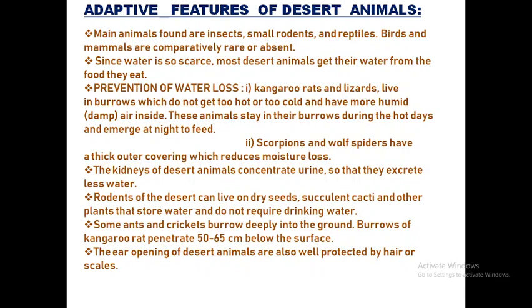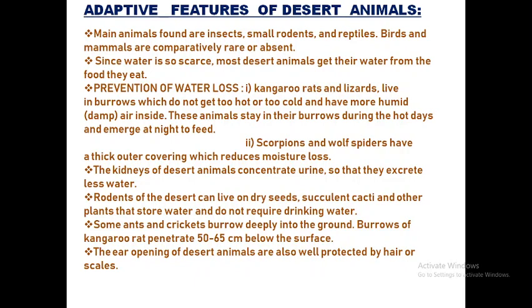Rodents of the desert can live only on dry seeds. Succulent cacti and other plants store water and do not require drinking water. See, this is such a beautiful adaptation. They eat dry seeds and don't need water.